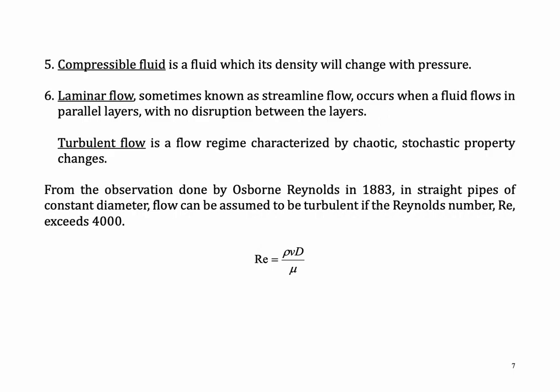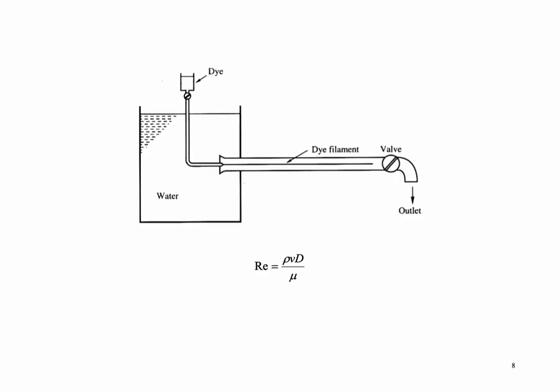Yes, V is the velocity. So this is the device to check the Reynolds number, established by Reynolds. Let's say we have a water tank here, and we connect this water tank with a see-through pipe like this one. If we open the valve here, the water will flow inside this pipe.